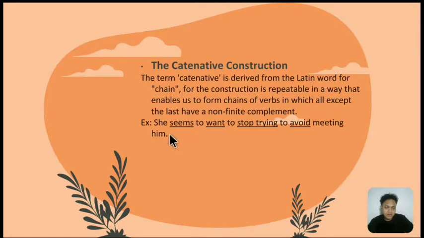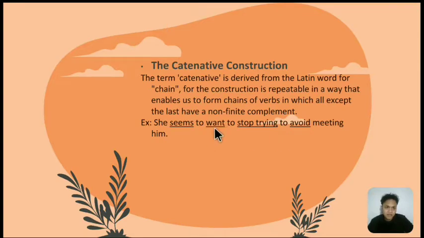Try to look at this example. She seems to want to stop trying to avoid meeting him. There are 6 verbs in this sentence, and each verb of it has a non-finite clause as the complement. I mean, each verb except the last one. So she seems is the head verb, and to want to stop trying to avoid meeting him is a non-finite clause as the complement of seems. And the chains continue until avoid.